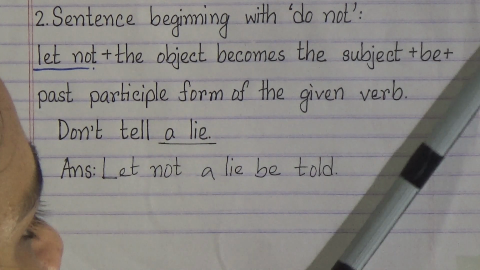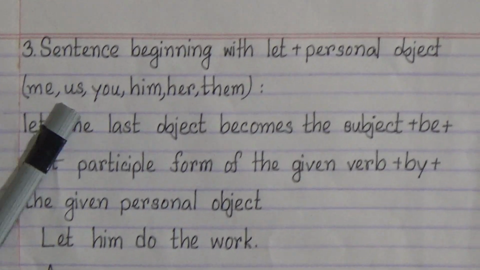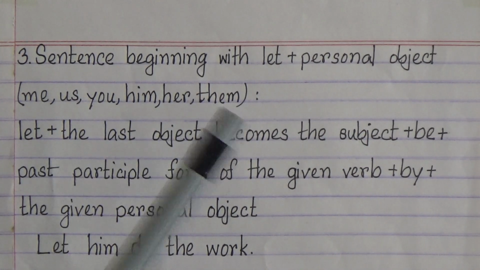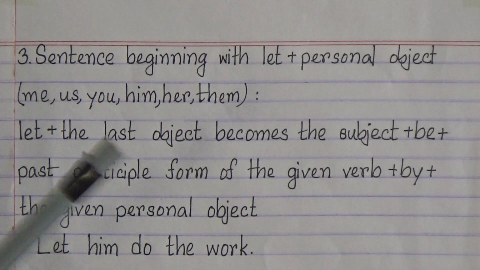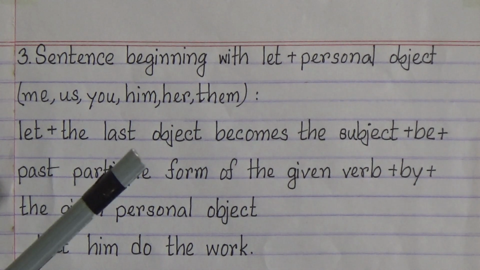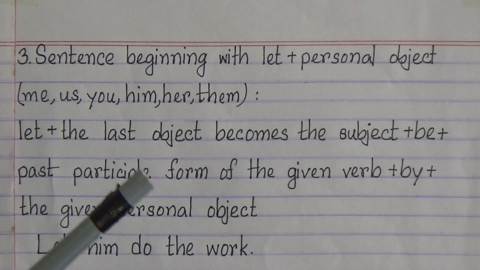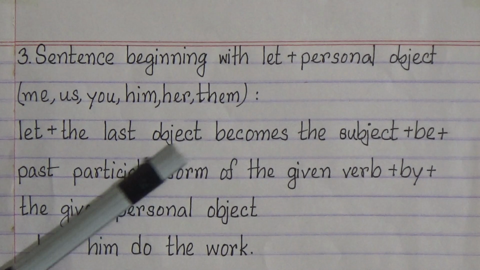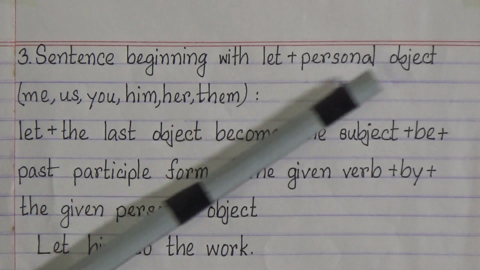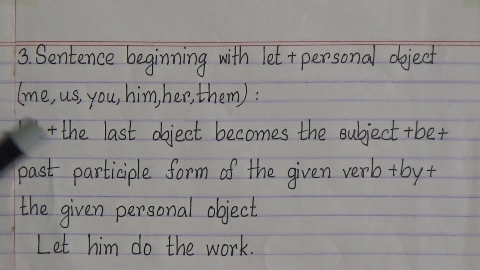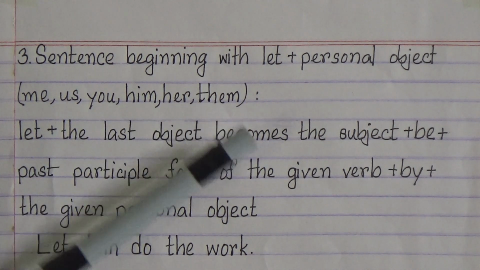Sentence beginning with let plus personal object like me, us, you, him, her, them. So if the imperative sentence begins with let, and if you find a personal object after let, like me, us, you, him, her, them, how will you change it?